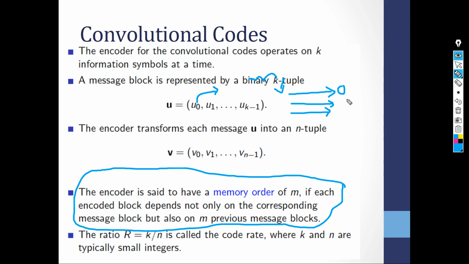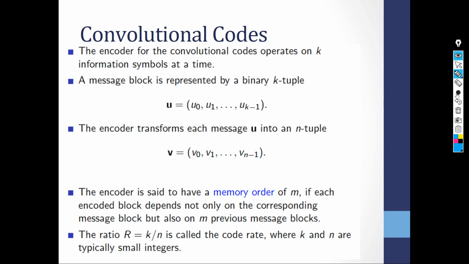And therefore we call this a memory encoder. It has memory. Memory means it stores some values in the encoder because the output bit will depend on them later on. The ratio R equals K over N is called the code rate, similar to the block code type. So there is not much difference here, but here it operates bit by bit and you have memory.